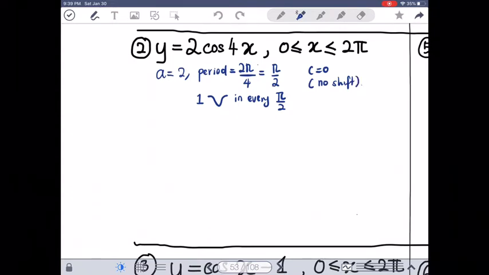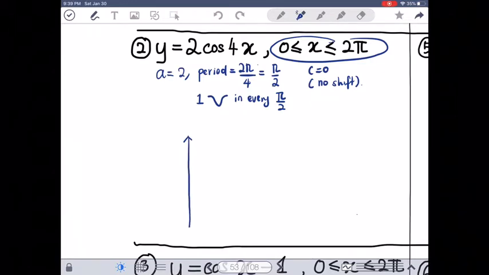Okay, we need to draw from 0 until 2 pi.